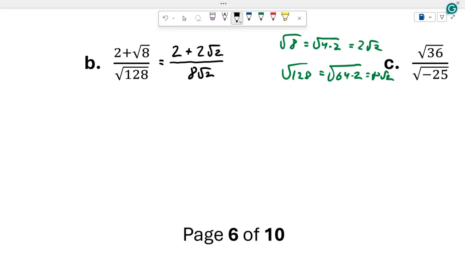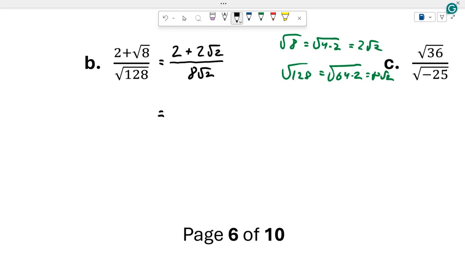Equals. So I can still simplify this, and I'm also going to have to deal with the root 2 in the denominator at some point. We may as well simplify first, I guess.